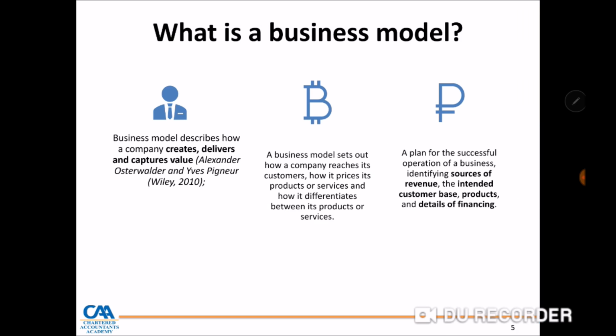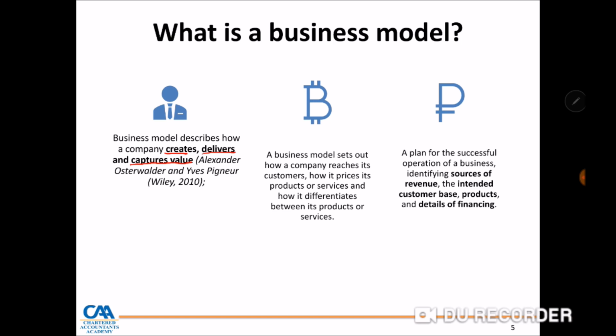Simple question. There are various definitions out there that try to define what is meant by a business model. Some schools of thought describe it as how a company creates, delivers, and captures value. In other words, when you look at a company, what value is it creating?